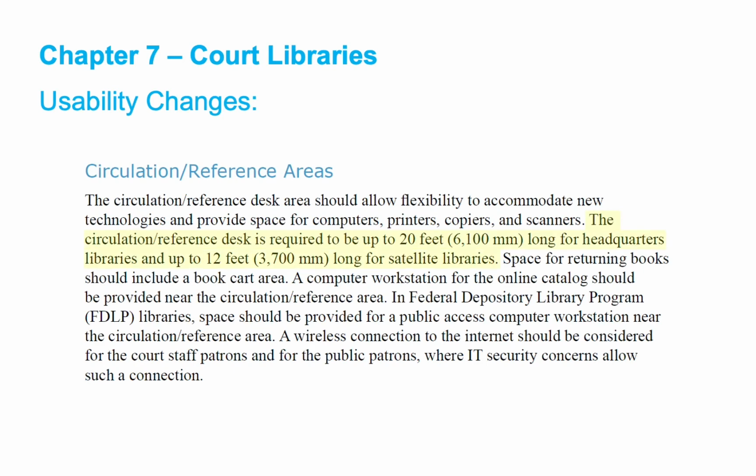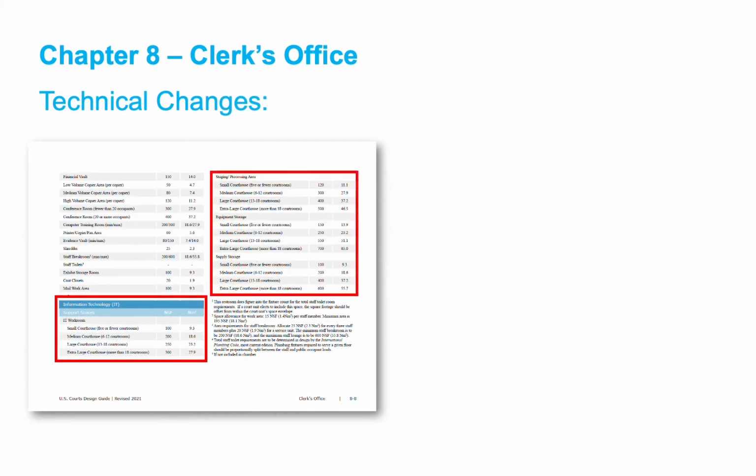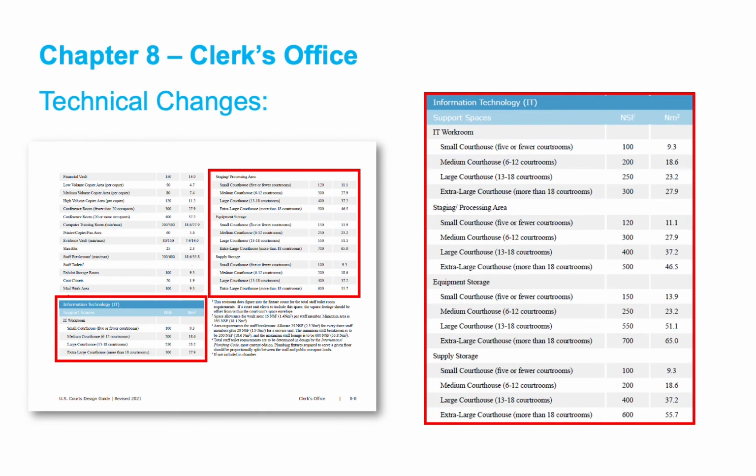Information pertaining to millwork and finishes is provided in this chapter and the room datasheets. One area of growth noted across the judiciary has been associated with information technology staff. Information technology support spaces have been added to Table 8.1. These support areas are quantified by the size of the courthouse.